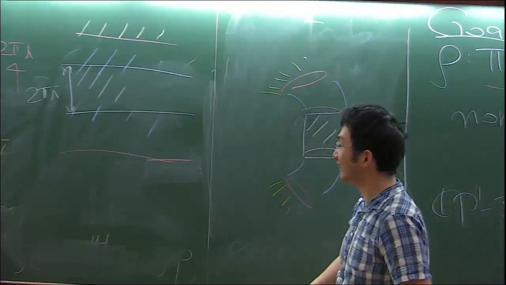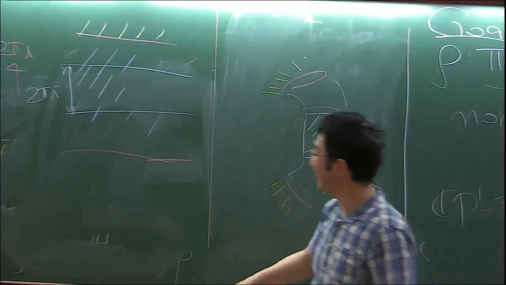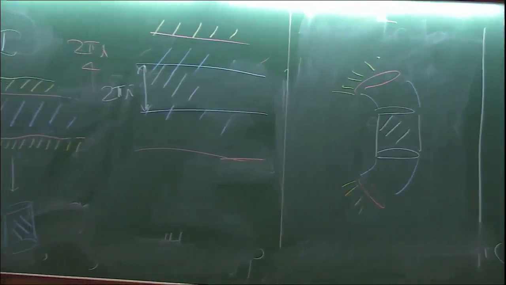So 2 pi i is 0 mod 2 pi i, so that goes to 0 by the exponential map. Okay.